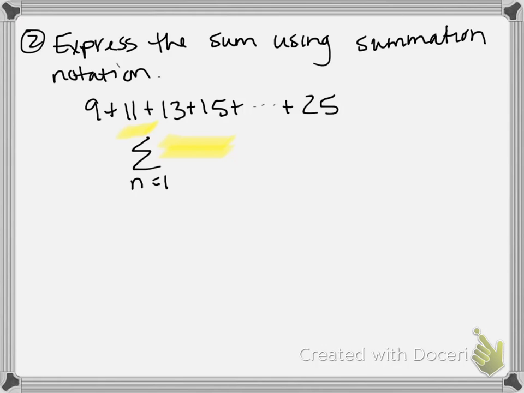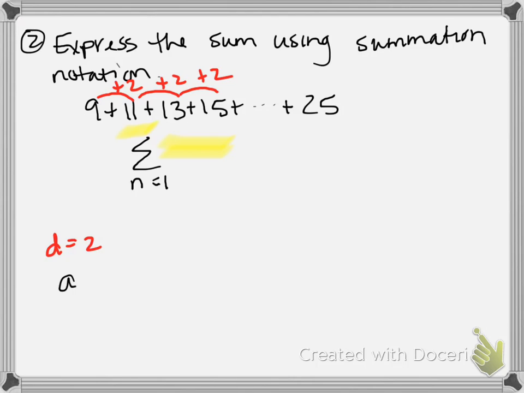So first thing I'm going to do is think about, okay, what is my common difference? Looks like plus 2, plus 2, plus 2. All right, so d is going to be, let's do some side work here, d is going to be 2.